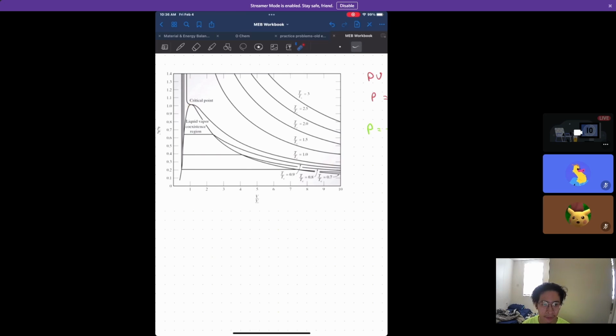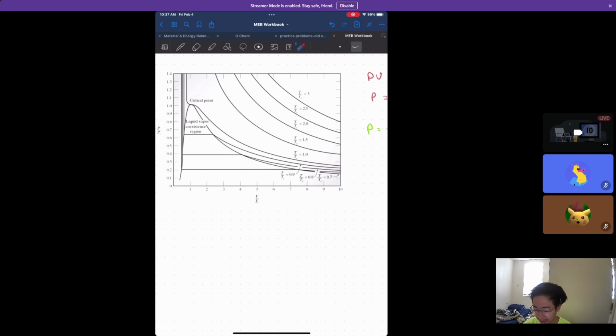Remember that the critical point is the pressure and temperature where the properties of vapor and liquid become indistinguishable, and it's a set point for any matter. It is unique for any compound, I should say. This point doesn't change.